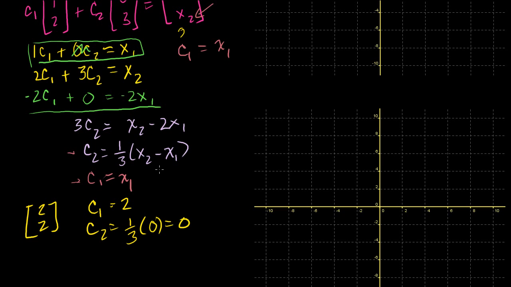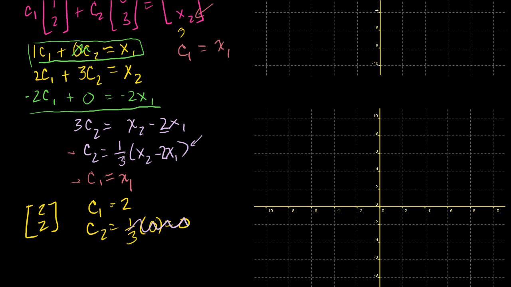Oh, I just realized this was looking suspicious. I made a slight error here, and it was good that I actually tried it out with real numbers. Over here, when I had 3c2 is equal to x2 minus 2x1, I got rid of this 2 over here. There's a 2 over here. I divide both sides by 3, I get 1/3 times x2 minus 2x1. And that's why I was like, wait, this is looking strange. So I had to take a moment of pause.